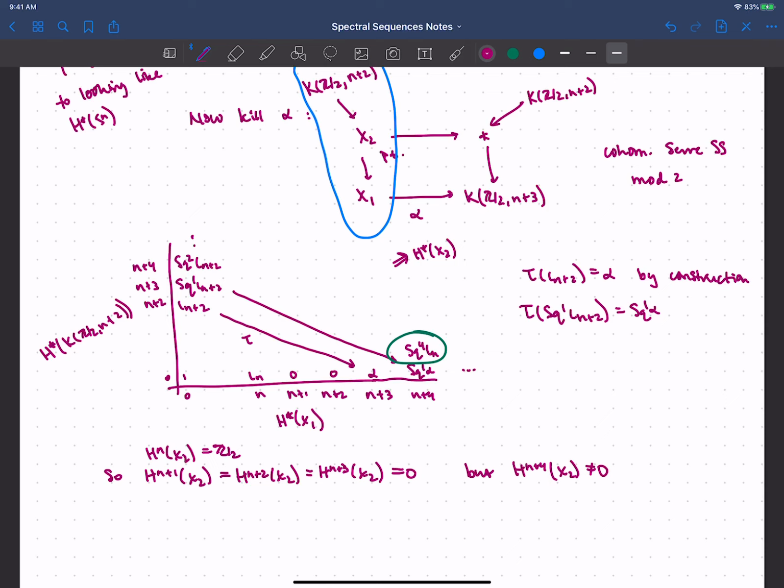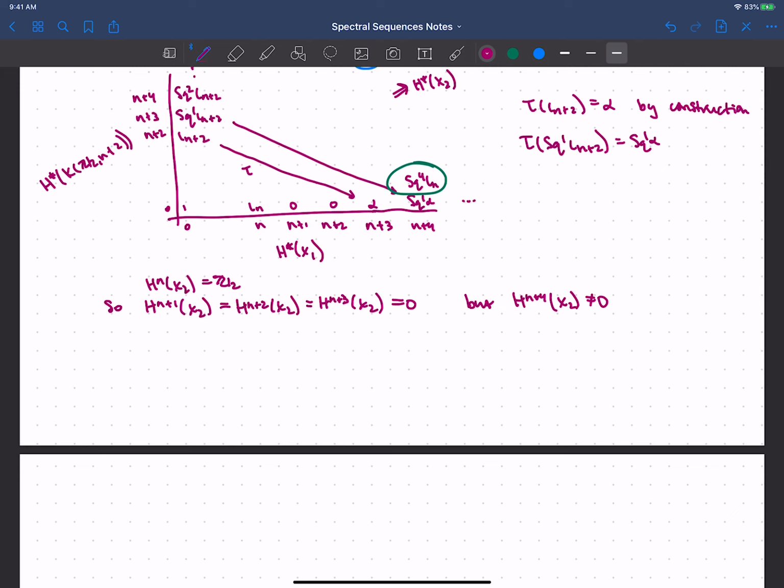Now, how does that even really help us? Well, we'll have to look at the long exact sequence in homotopy to make use of this. And in fact, maybe really two long exact sequences in homotopy. So let me first look at the fibration that we had before involving X1.